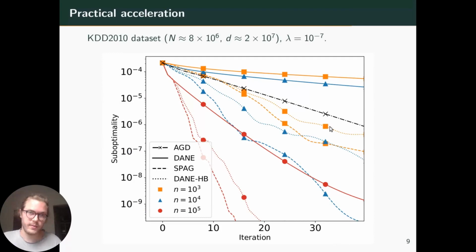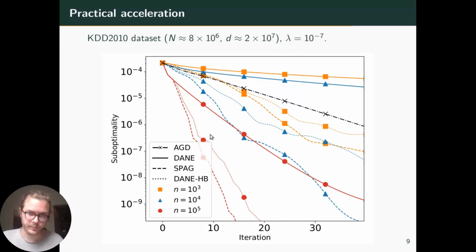So these experiments were done on the KDD 2010 dataset, which has 8 million samples in dimension 20 million. We chose the logistic regression objective with a very small regularization parameter of 10 to the minus 7. And we compare 3 algorithms.